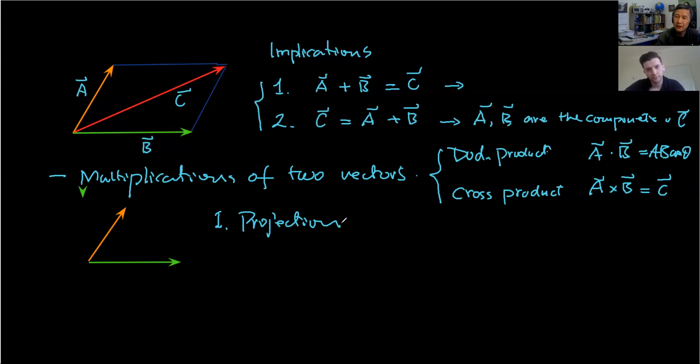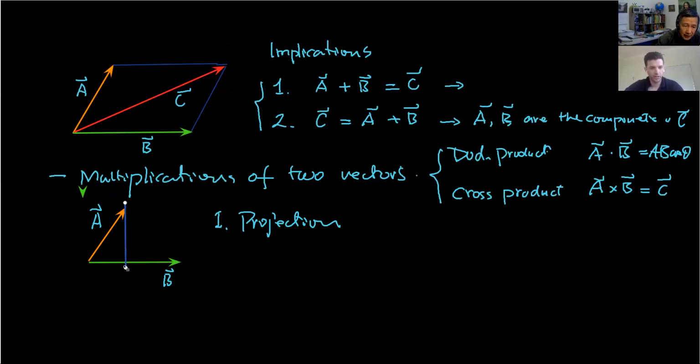Projection involves two vectors. For example, the projection of A over B is as if a light ray is coming downward, perpendicular to B. That's called projection.